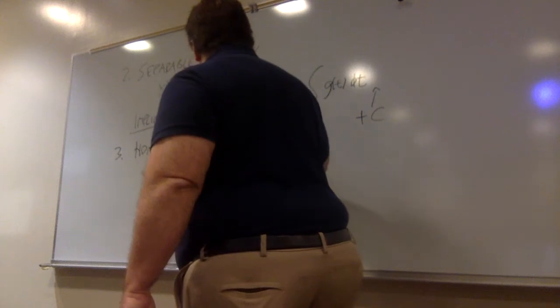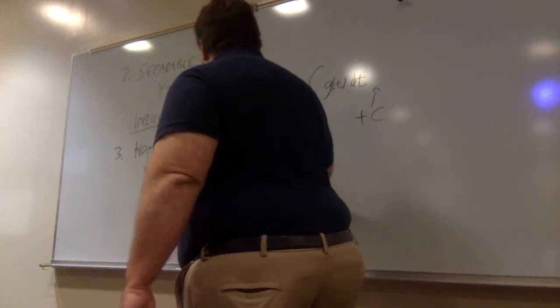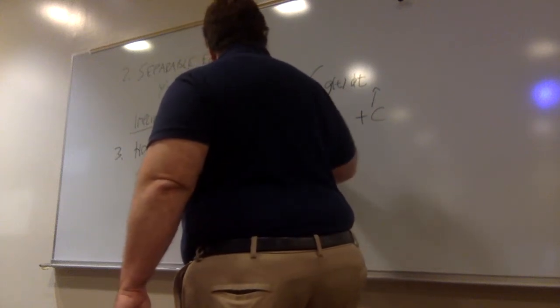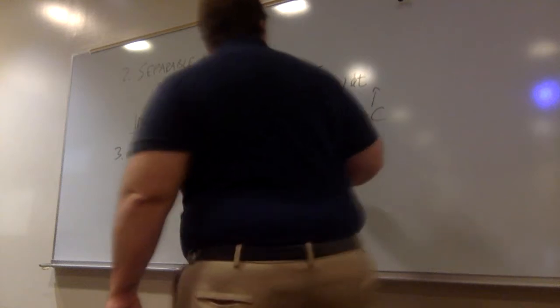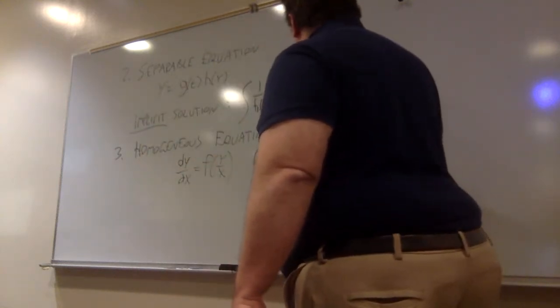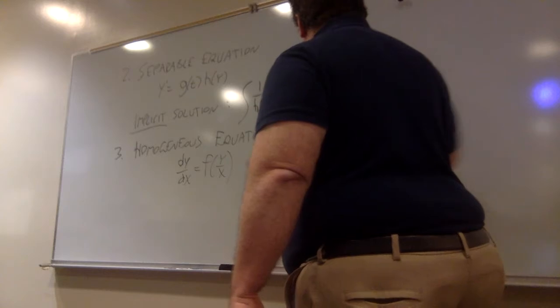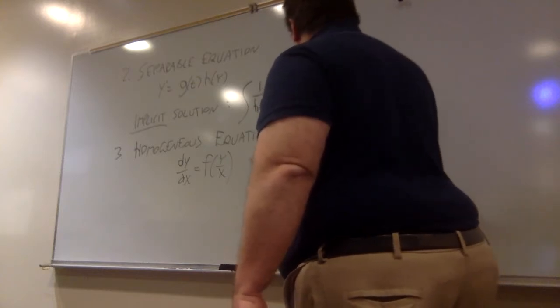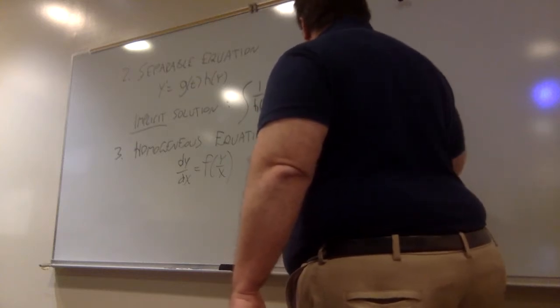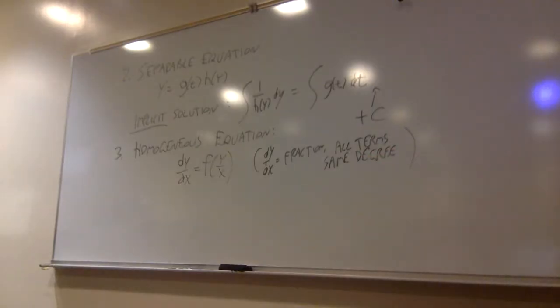So how you can spot it: if dy dx is given to you as a fraction where all terms have the same degree in x and y. So for example, xy squared is a term that has degree 3, and then y cubed will also be degree 3.